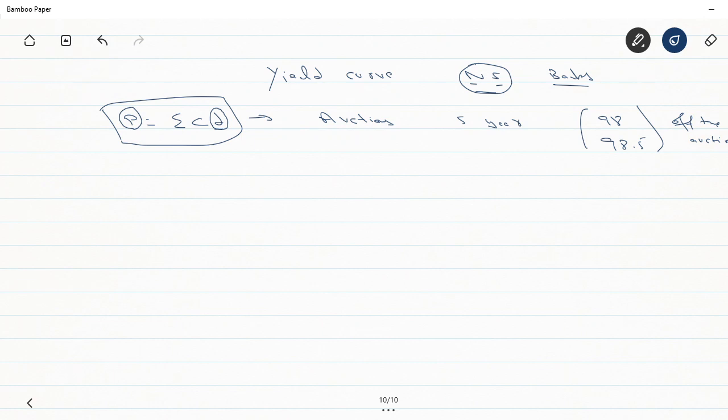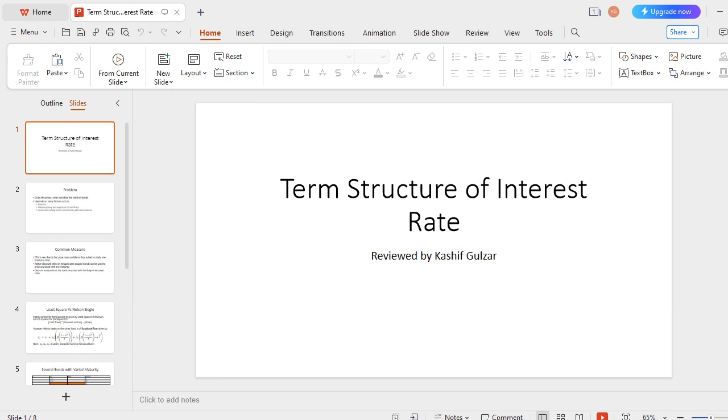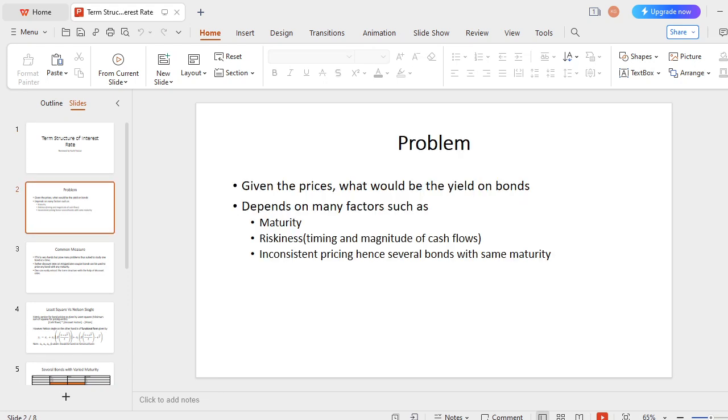So there could be, I would say, 99.5. In that scenario, it's not straightforward for us to find the discount rate because there will be multiple bonds for the same maturity. This factor is highlighted in the term structure of interest rate presentation: given the prices, the yield on a bond depends on many factors such as maturity, timing and magnitude of the cash flows, and inconsistent pricing, especially with several bonds of the same maturity.